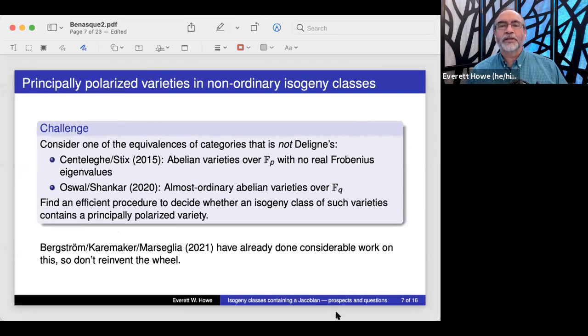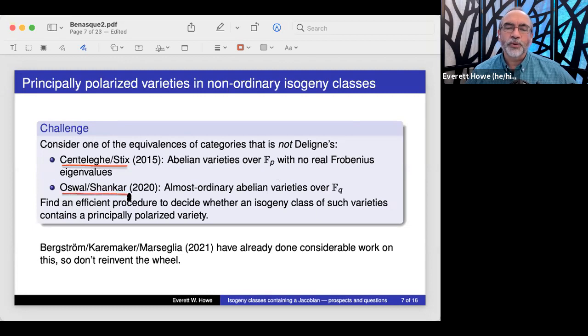So here is another challenge, which would be related to the other interpretation of Nils's question. Consider one of the equivalences of categories that is not Deligne's. There is the Centeleghe-Stix category equivalence for abelian varieties over F_p with no real Frobenius eigenvalues.